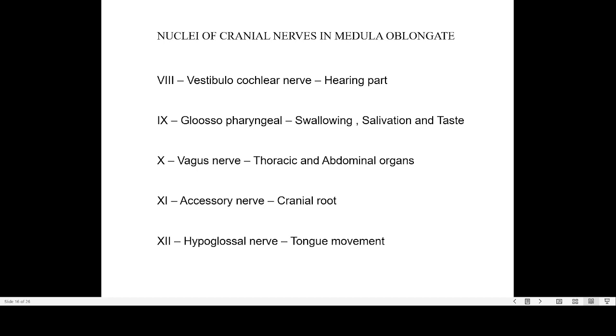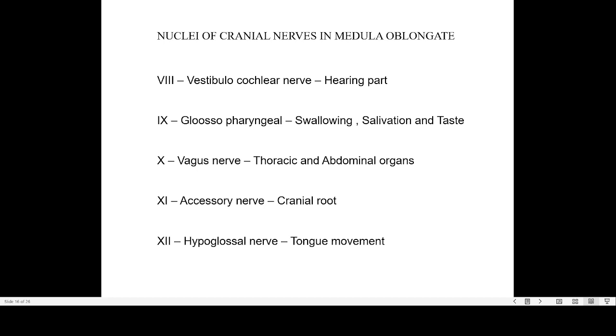So these four, 9, 10, 11, 12, and part of the eighth cranial nerve, the hearing part, are located in this region of the medulla.